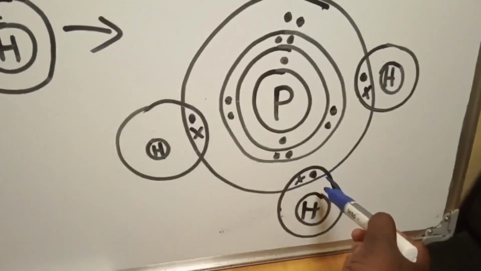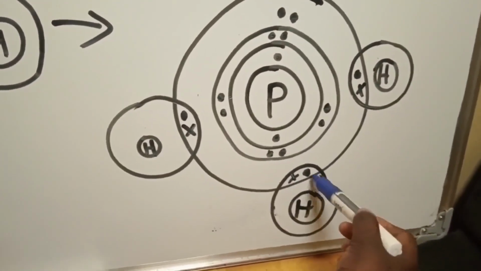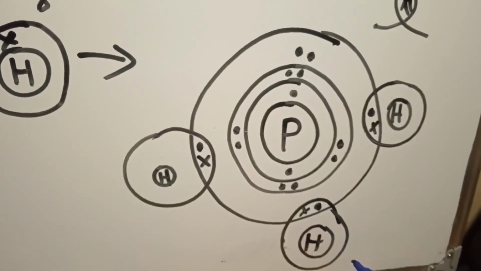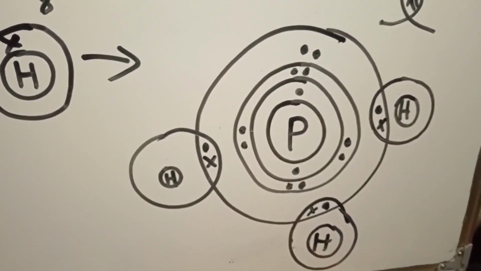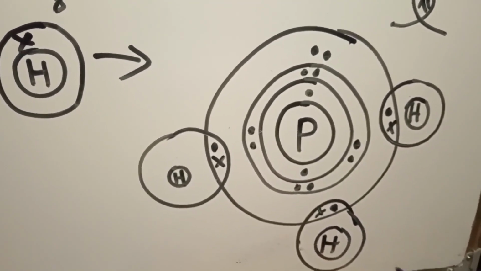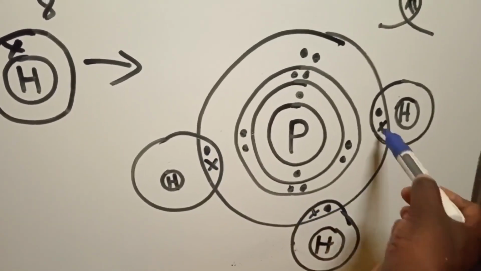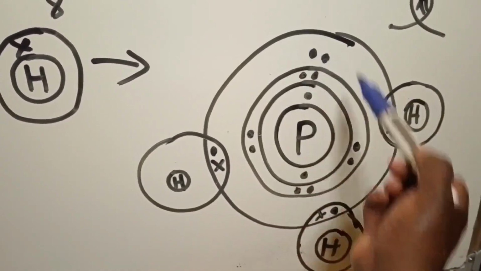So for this one, it is already full again with 2. Let's now go to phosphorus. We check whether it has now attained the stability with 8 electrons in the outermost energy level. So we count 1, 2, 3, 4, 5, 6, 7, 8.